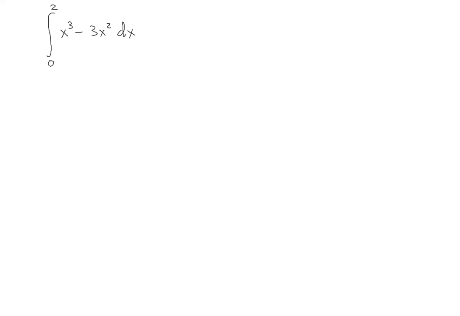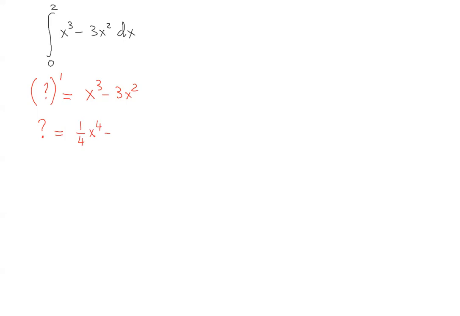So let's see how we do this. We first ask the question. First step, always ask the question, what is an antiderivative for the function inside the integral, which is called the integrand? And the answer here will be, as we saw before, 1/4 x to the 4th minus, the antiderivative for x squared is x cubed over 3.